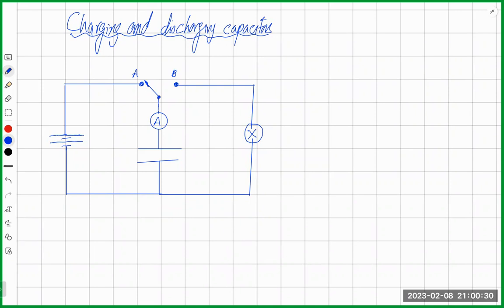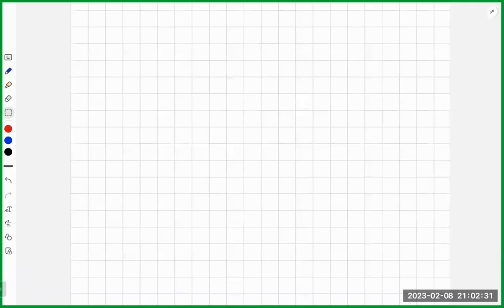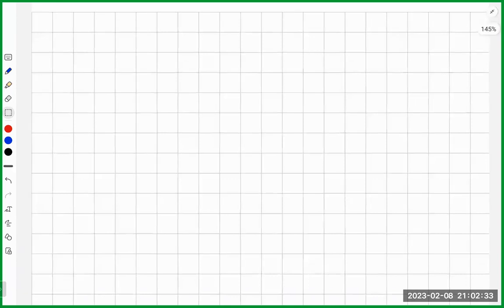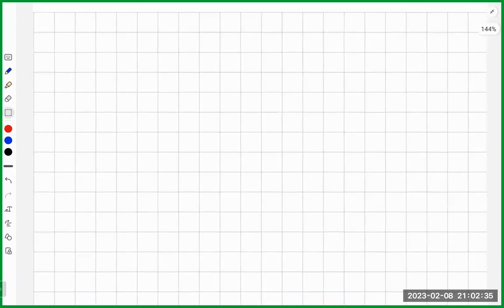Okay. So very quickly we will now be doing capacitors in parallel. Actually, we left it from yesterday. We were supposed to do it over there, but we couldn't.